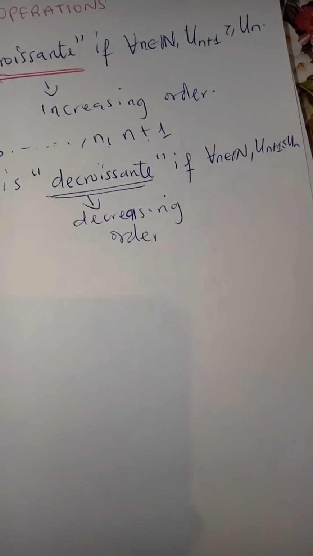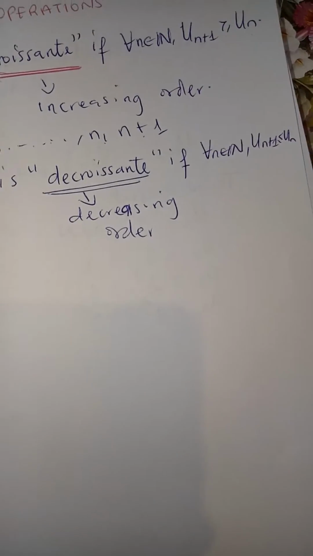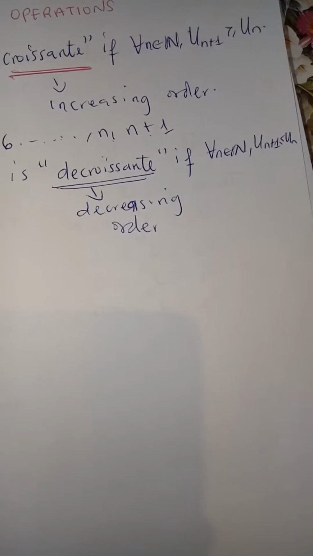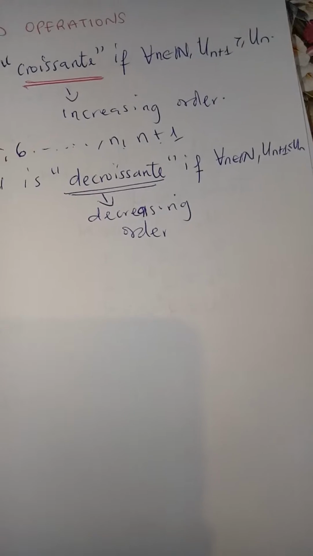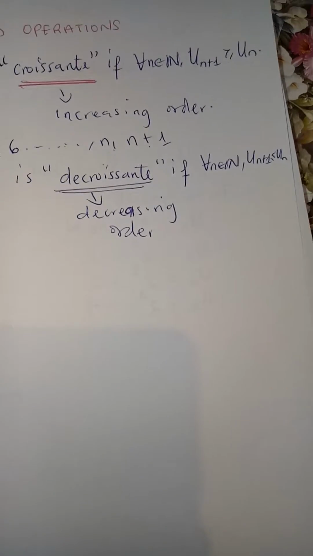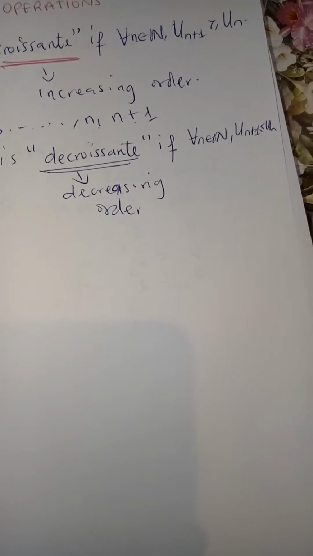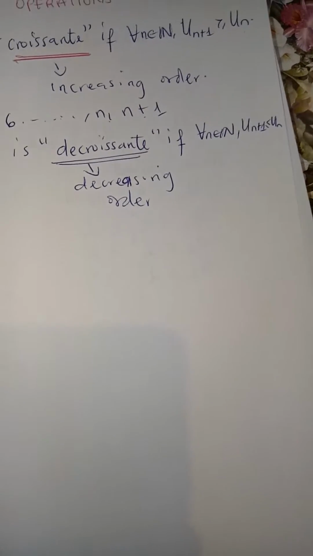Of course, it's the opposite of the definition of this. It means that the next term of that suite, going in decreasing order, is less than, that is Un+1 is less than or equal to Un. It's just like the opposite of when a suite is said to be in increasing order.